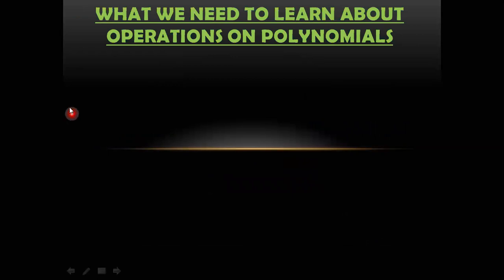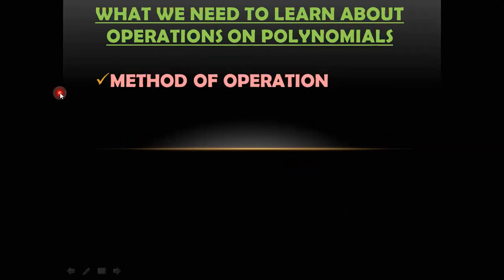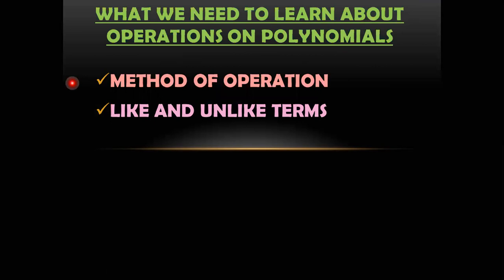What do we need to learn about these operations? We need to learn 4 things, and the first of these is the method of operation. We need to learn about like and unlike terms. Like means similar terms, and unlike means not similar terms, different terms.